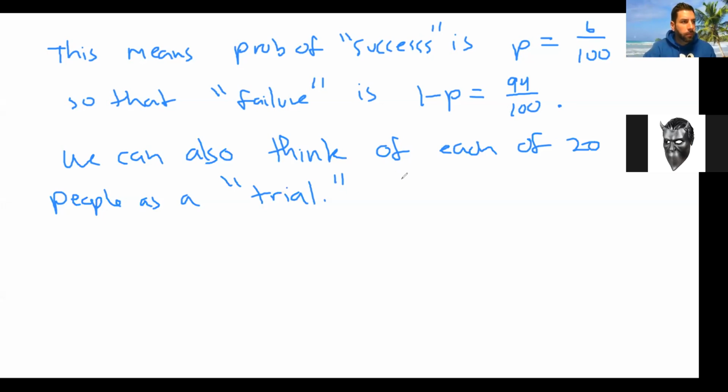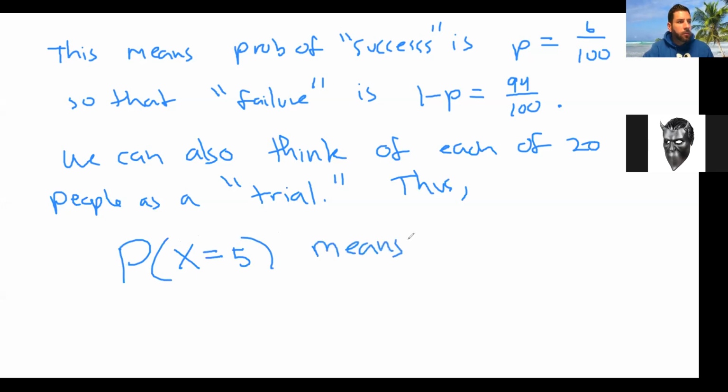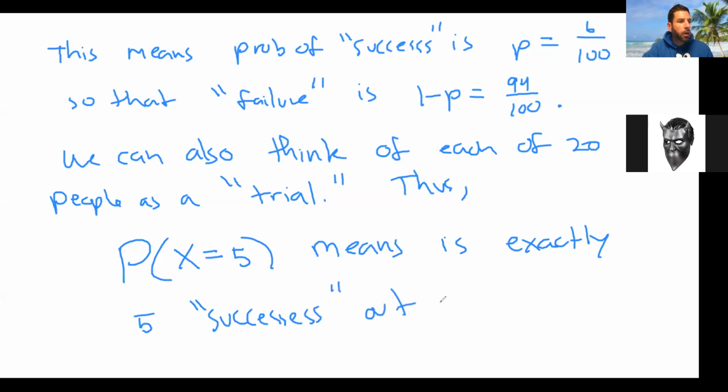So thus, P, capital P, the probability of X equaling 5, what this means is exactly 5 successes out of 20 trials.